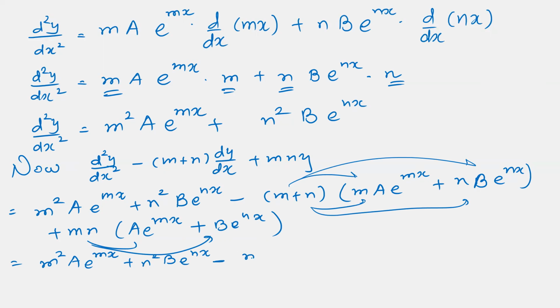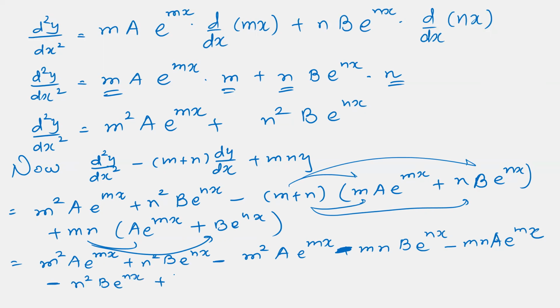Minus (m plus n) is going to multiply with the full thing: minus mn b into e to the power nx, then minus mn a into e to the power mx, minus n square b into e to the power nx, plus mn a into e to the power mx, plus mn b into e to the power nx. Done. Let's check whether we are getting 0 or not.